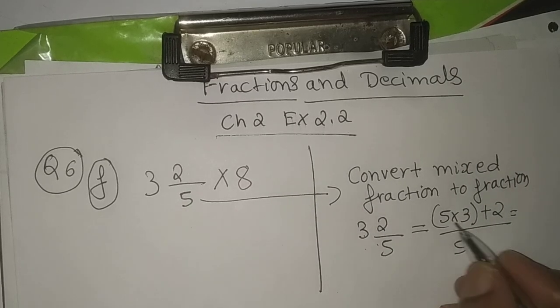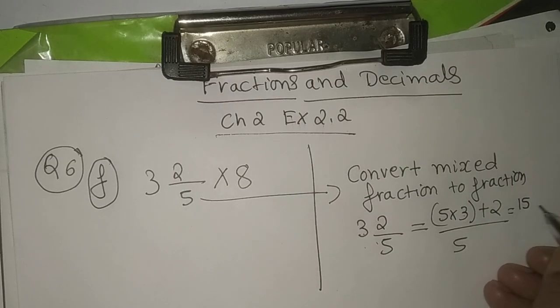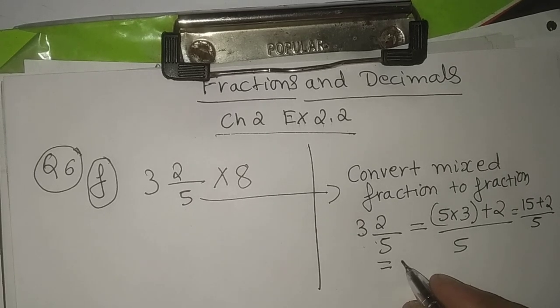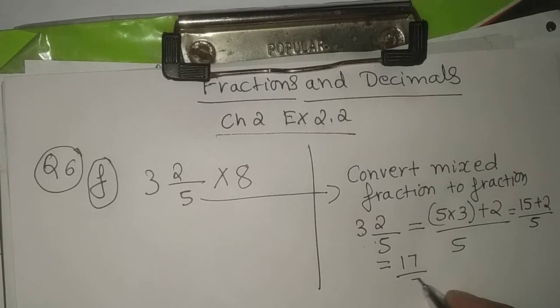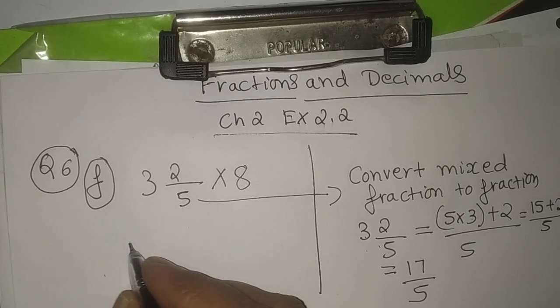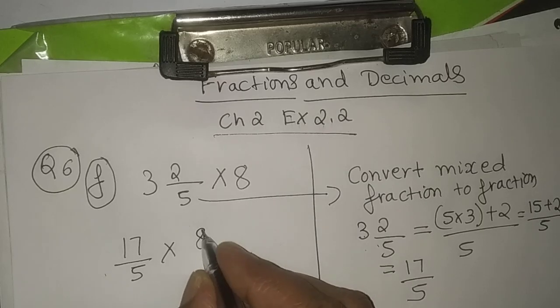So what is 5 into 3? It is 15, plus 2 by 5. 15 plus 2 is 17, so 17 by 5. Substitute here 17 by 5 into 8 by 1.